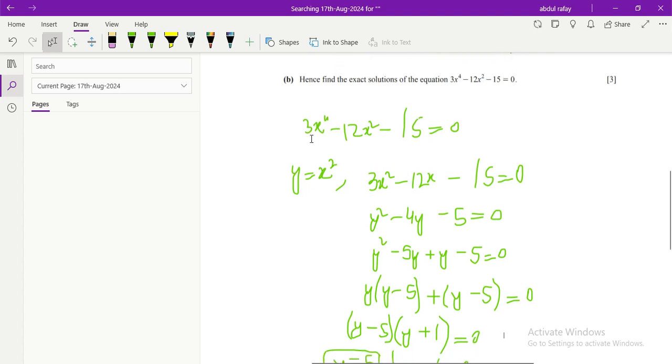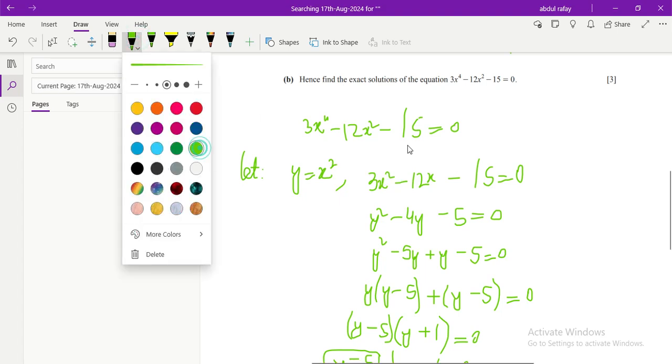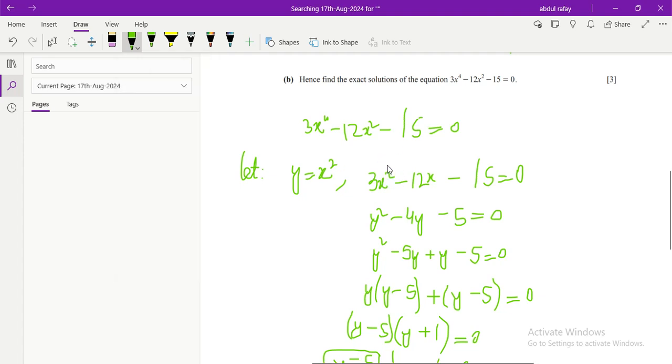If 3x to the power 4 minus 12x squared minus 15 is equal to 0, let me assume y is equal to x squared. I have just written this expression from above, and here we have x to the power 4, and here we have x squared.